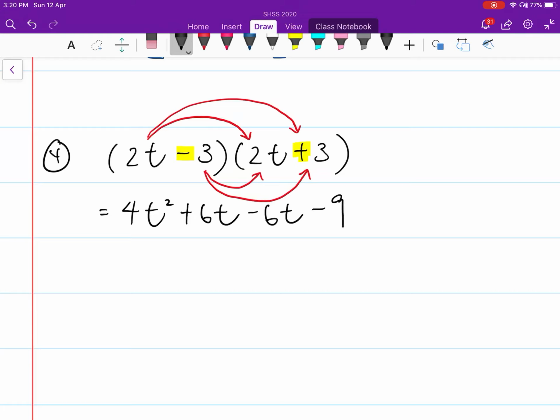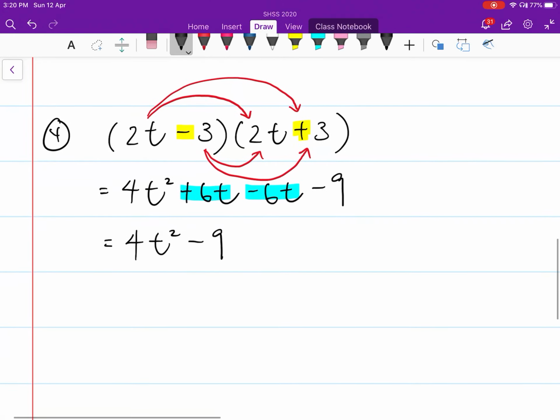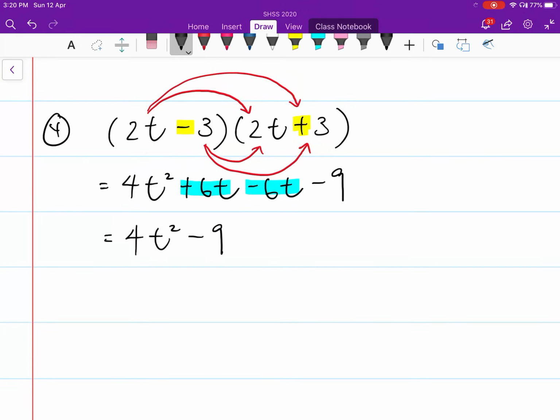Now, if you notice in this kind of expansion, positive 6t and negative 6t in the center part will give you 0. So we are only left with 4t squared minus 9. In other words, if I have a minus b multiplied by a plus b, with the two terms in front the same, the a and the a is the same.